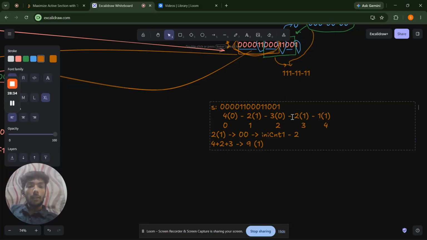And the remaining 3 ones will give us, sorry, 4, 2, 3, 2, 6, 6 plus 5, 11. 1, 2, 3, 4, 5, 6, 7, 8, 9, 10, 11, 12, 13, 14.